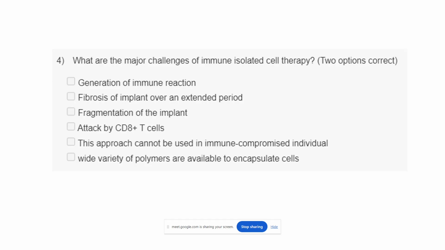We have to select two correct options here.